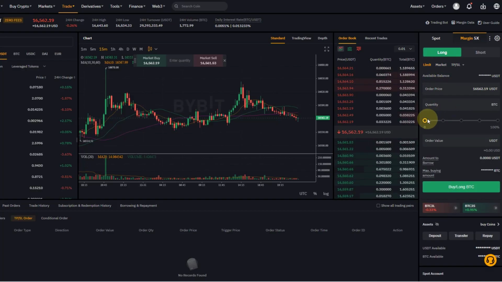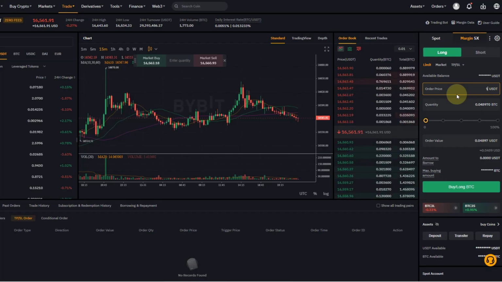When you set a limit order, it's the same way. You just select how many USDT you want to use, and you enter at what price you want the limit order to be executed. So let's say I want to enter the market when the price comes back down a bit, because I believe it will come back into support. At the moment, the price is around 16,500.